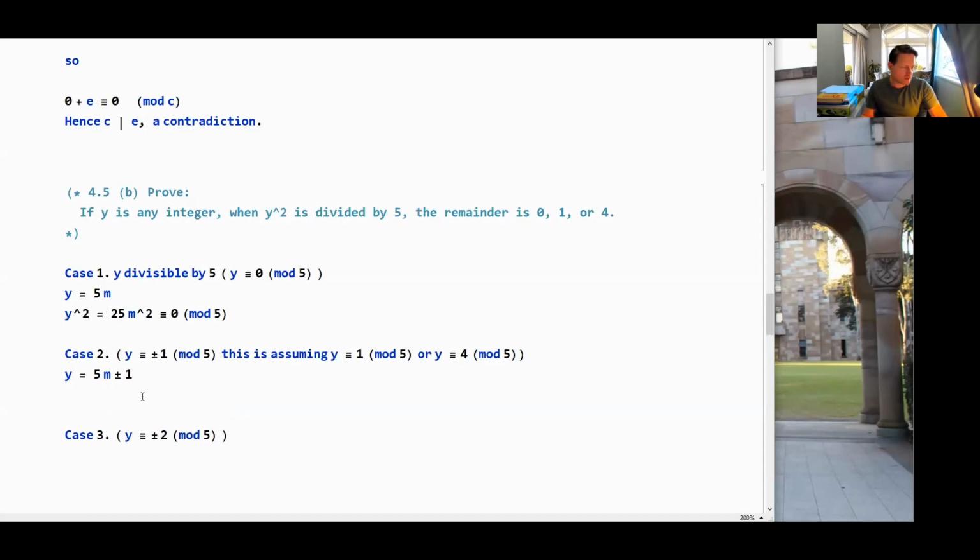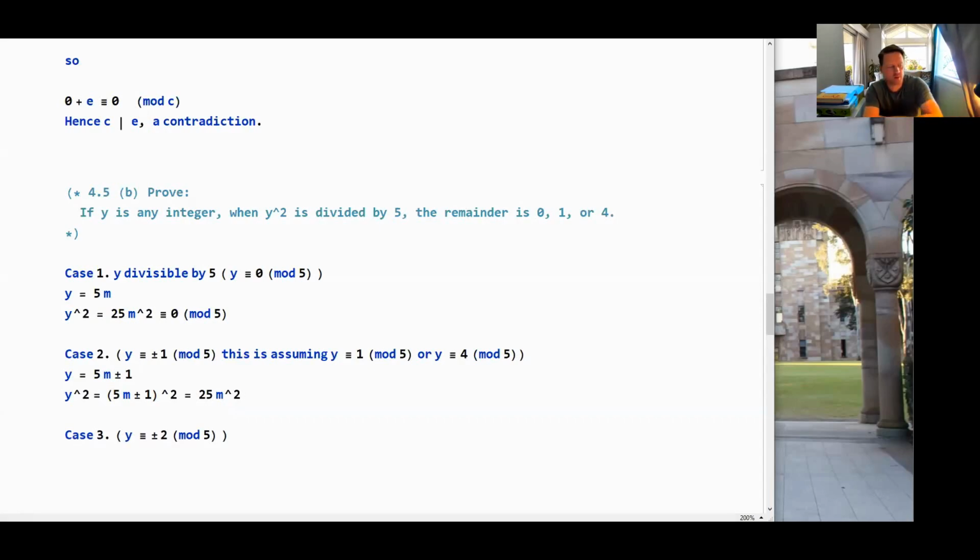Okay, and now let's square that so that y squared is equal to this one squared, and then we actually square it, so we have 25m squared, and then the middle term is 5m times plus or minus 1.